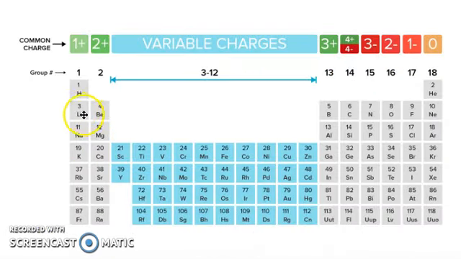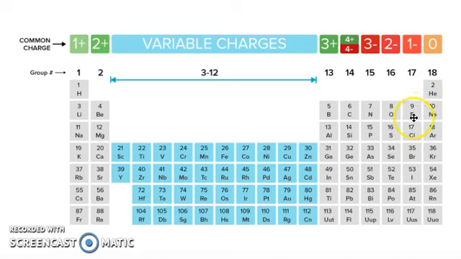So for example here, if I have lithium, the normal lithium has 1 valence electron in its outer shell. When it loses 1 electron and becomes a cation, it will become like helium, and it will lose a complete outer shell. This will make it decrease in size.